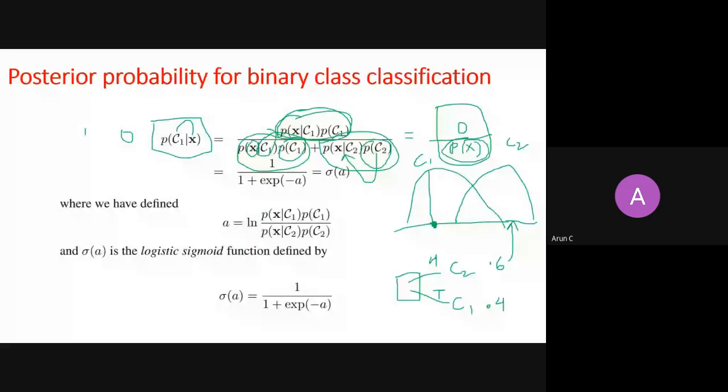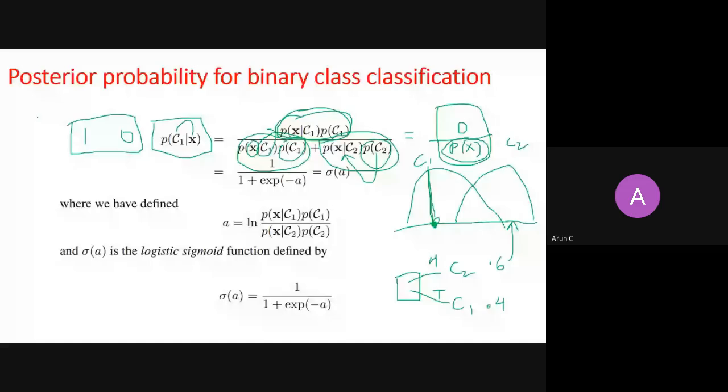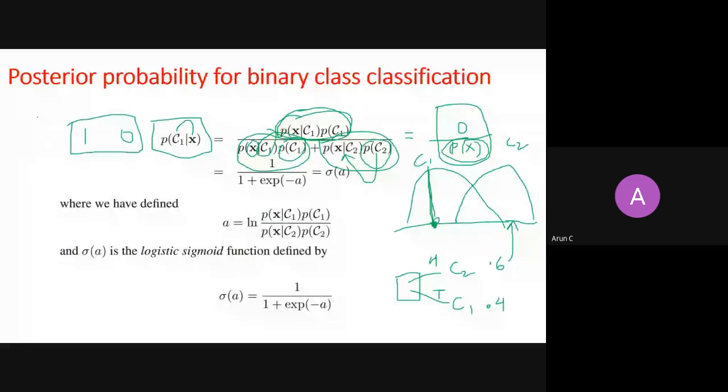So this is generative, in the sense you can generate your data set. If I give you the probability of C1, the probability of C2, and the conditional probabilities of seeing X from C2 and X from C1, you can generate your data set. That's why it falls into the category of probabilistic generative models.